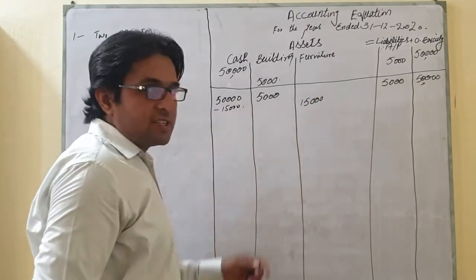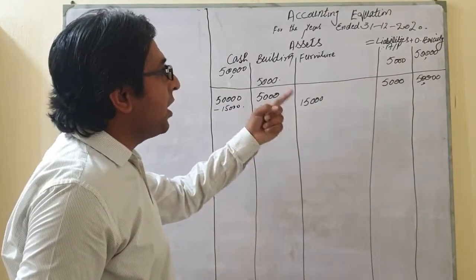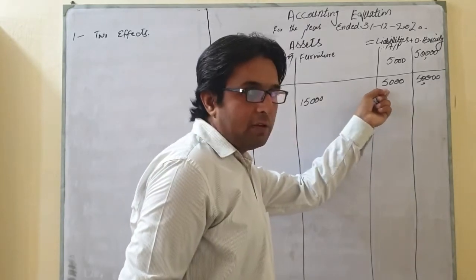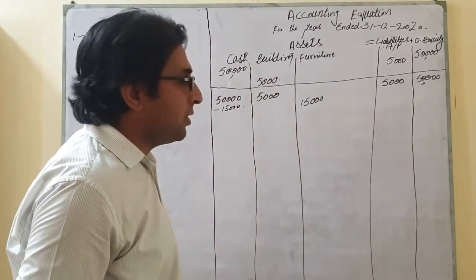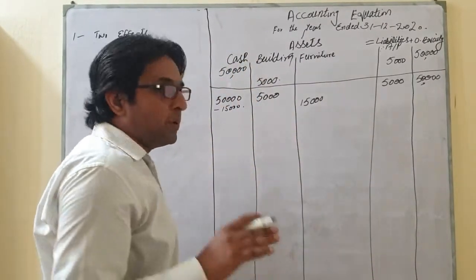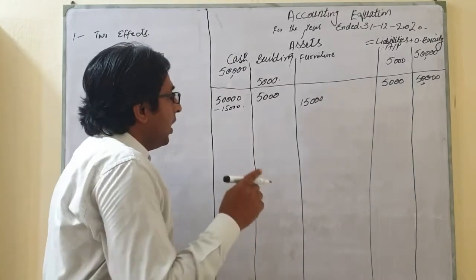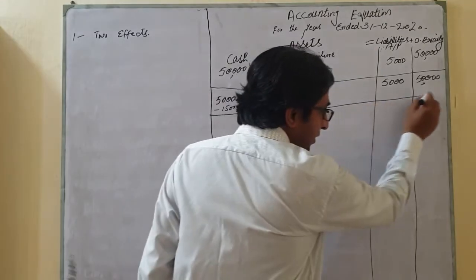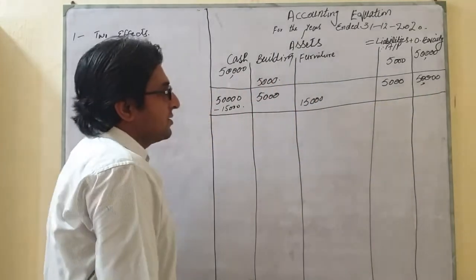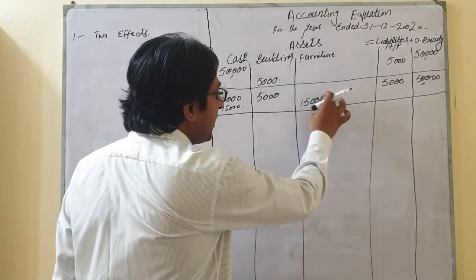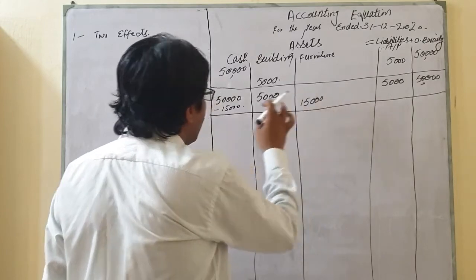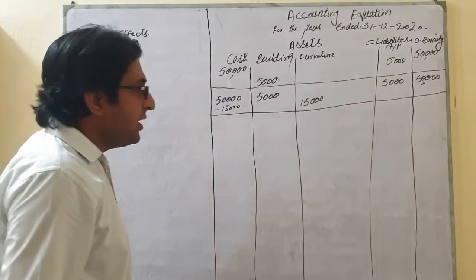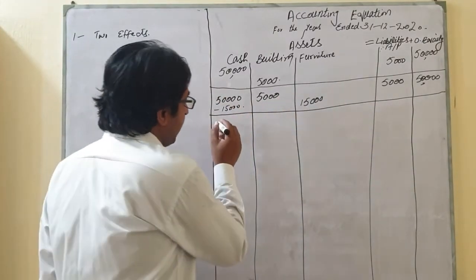If we have purchased this furniture on account, then our liability will increase. In this situation, we assume that we have purchased the furniture on cash. So our cash will decrease, furniture will increase. So furniture has been increased, this is first effect, and our cash has been decreased, this is second effect.